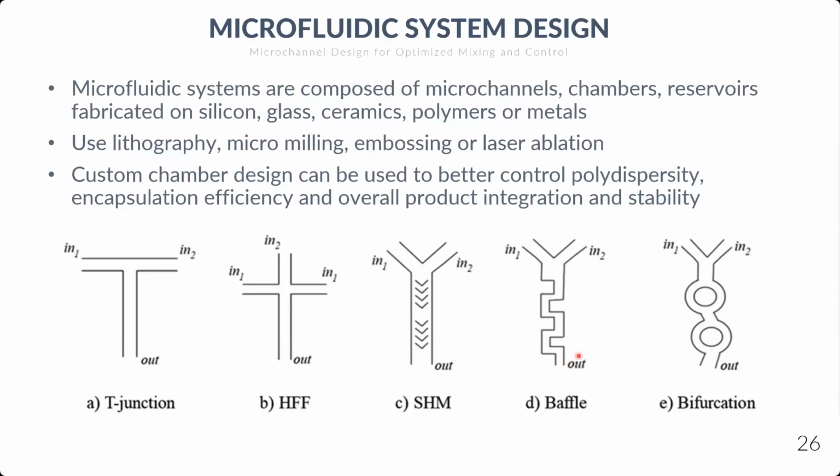So certainly, I think baffle types and bifurcation ones have been less explored. But if these could offer low polydispersity, better conjugation and better loading of mRNA, better encapsulation efficiency, these are certainly worth exploring. Although I will say one word of caution is that the standard herringbone mixer design is quite good. It does offer, in most cases, higher than 98% encapsulation efficiency.